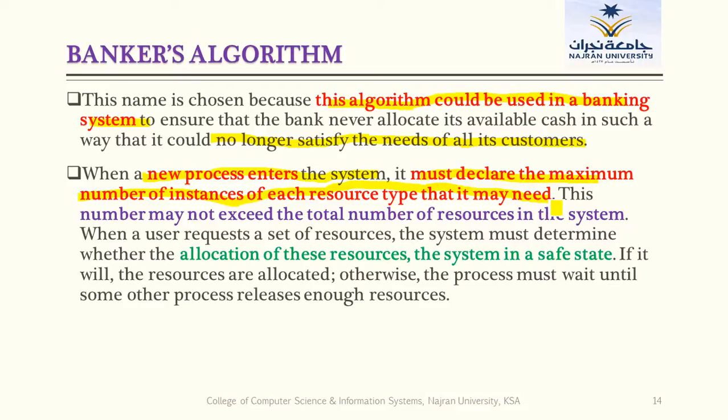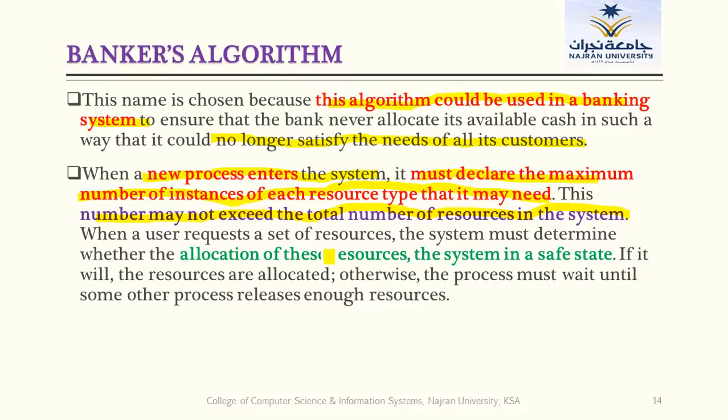It must declare how many instances of a resource it needs: 2 instances, 3 instances, or however many. Also, the number it declares may not exceed the total number of resources in the system, because sometimes we have only 10 resources and the process is requesting 11 or 12. So we need to ensure that what it declares must be less than or equal to the total number of resources available.